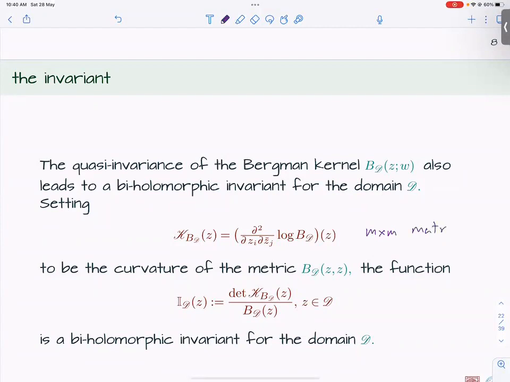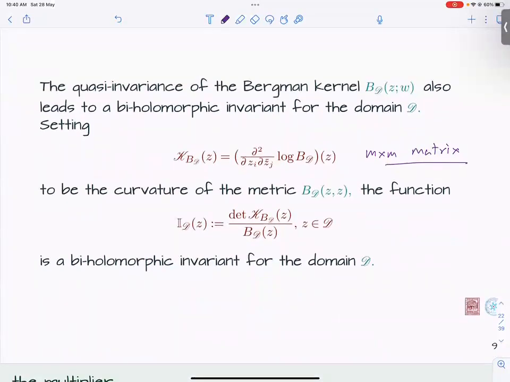The m by m matrix has the great advantage that you can take a determinant of this matrix. Okay, the determinant has already occurred before. What we are claiming is that, okay, you have this object and you also have this object, the Bergman kernel. Now, this is a matrix valued function. But if you take the determinant of it, it will become a complex valued function.